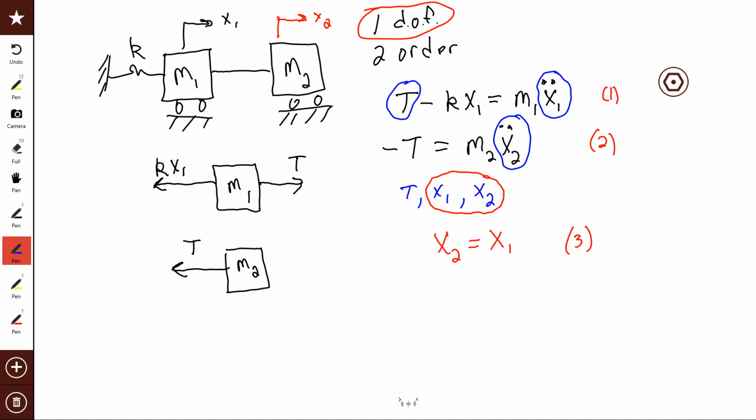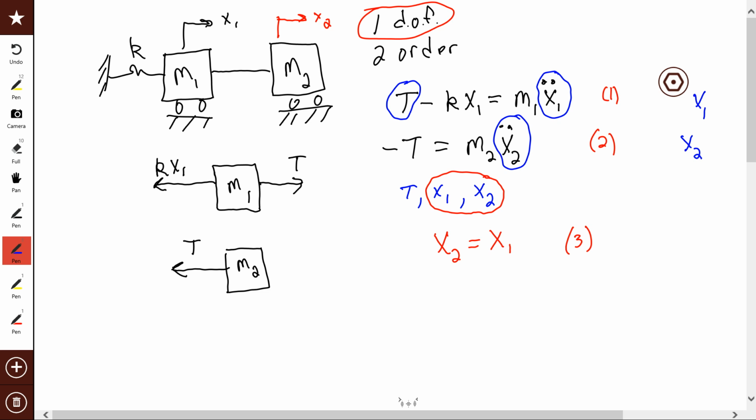Is it solving for T, or is it solving for x1? My rule tells me I should be solving this for x1 because it has the higher derivative. So that should be the output variable for this one. If I had to name something, I would say the T is probably an input. Okay, so for equation 2, I look at that and I say, oh, that one is going to be solving for x2.